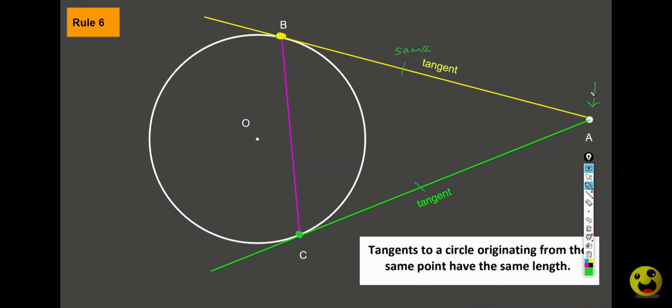So the length from B to A is the same exact length as from C to A. If B to A is 22 centimeters, C to A is automatically also 22 centimeters. The pink line is not the same. It will always be a different length.